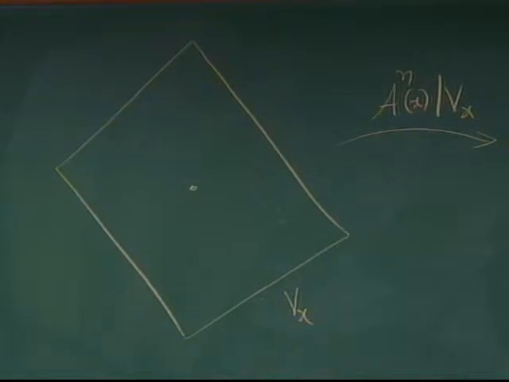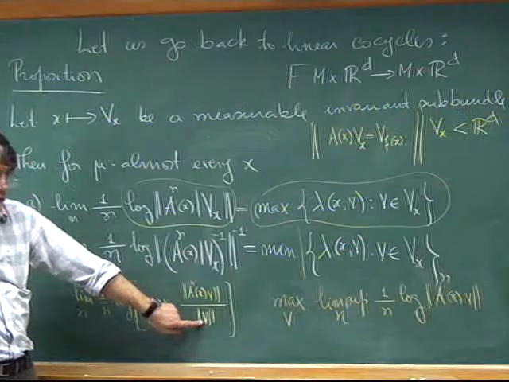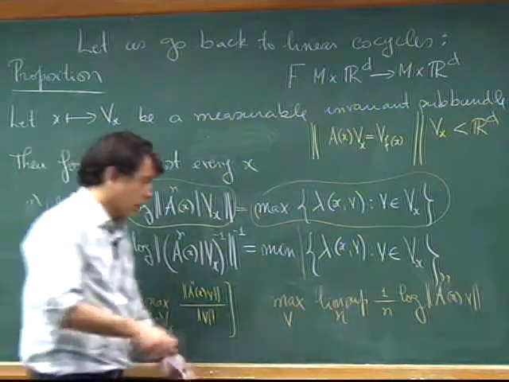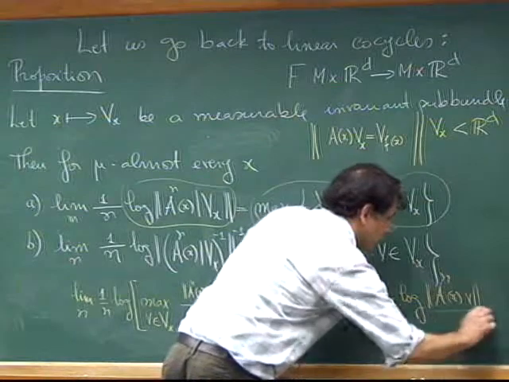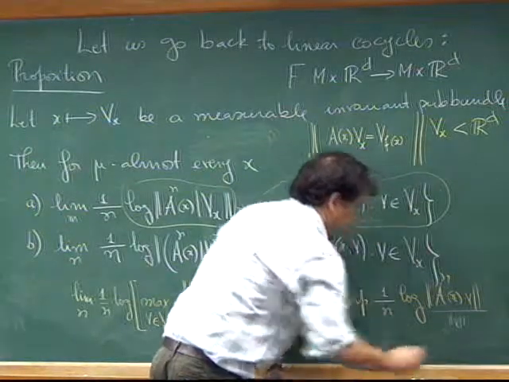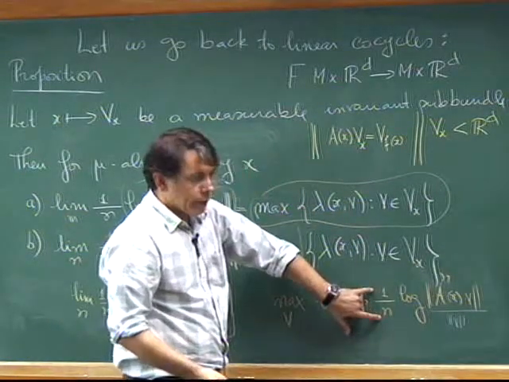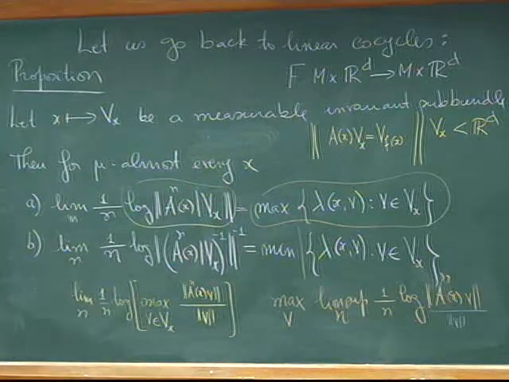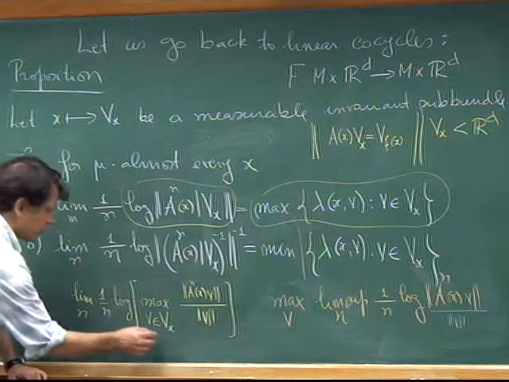So what is the difference between the two sides? There's a little difference here. There's a divide by v, but this is completely irrelevant. I can put this v here. It doesn't change anything because then it's divided by n. This term disappears.